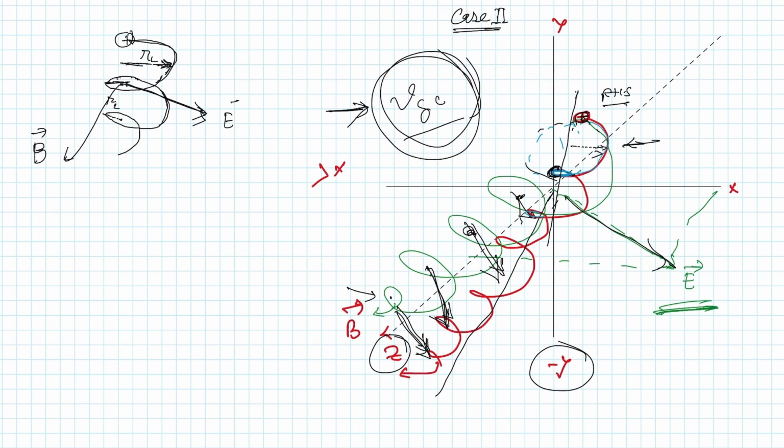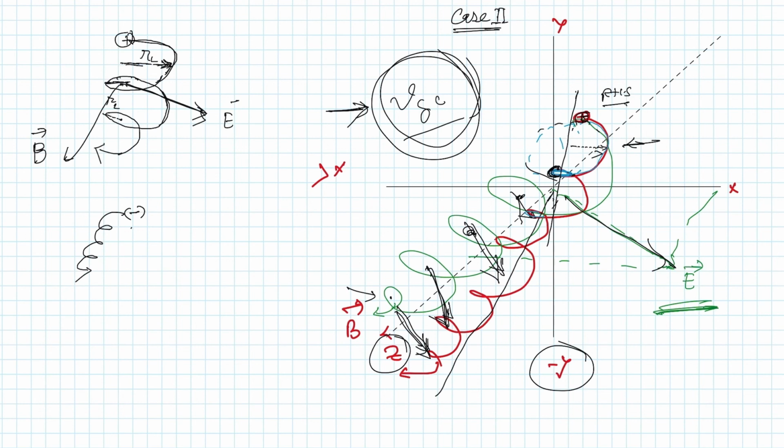Similarly, if it is an electron instead of an ion, a negatively charged electron, it will move like this, in this direction.